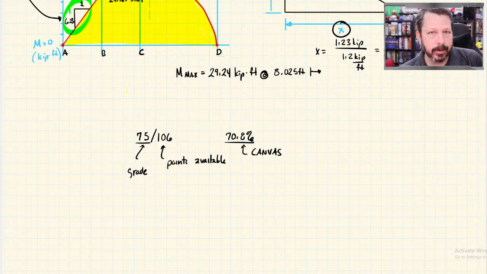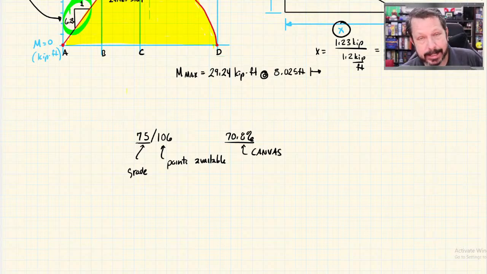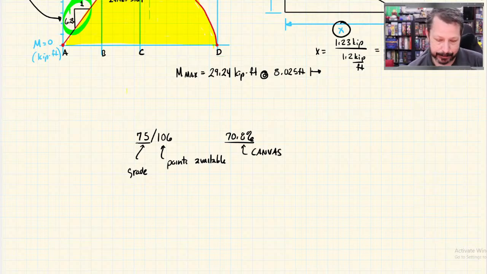I don't know a way in Canvas. I haven't gotten familiar enough to figure out how to do bonus points on an exam. Maybe there's a way to do that. So if it's showing you a percent, that's actually lower than your actual grade. Your grade is how many you scored out of 106, but don't divide by 106. Just take that number, 75, in my example here.